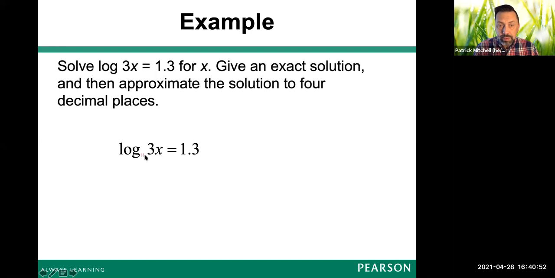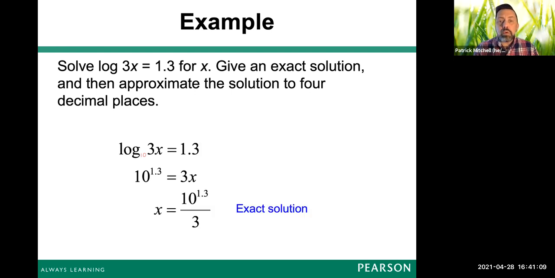Remember, if you don't see a base, it means base 10. So writing that in exponential form, you get 10 to the power 1.3 equals 3x. And then if you divide both sides by 3, you get x equals 10 to the power 1.3 divided by 3. That's the exact solution. And when you put that into the calculator, you find the approximate solution is 6.6509.